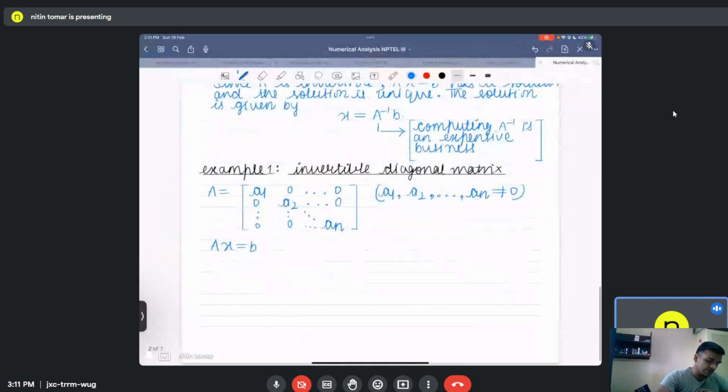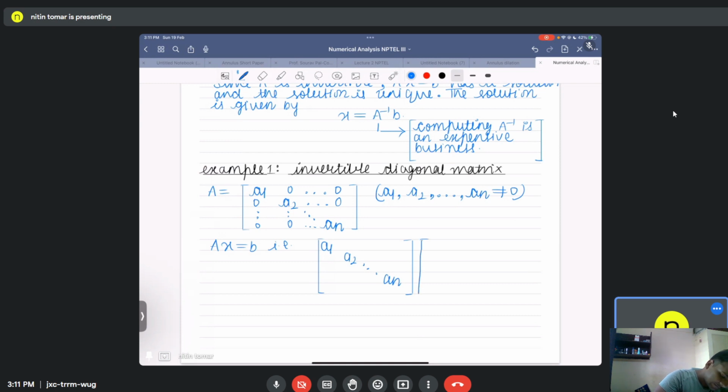So if I were to ask you, what will be the solution of this system? That is a1, a2, up to an. If I am not writing anything, it means everywhere else it is 0, okay? x1, x2, up to xn, and this is just b1, b2, up to bn.